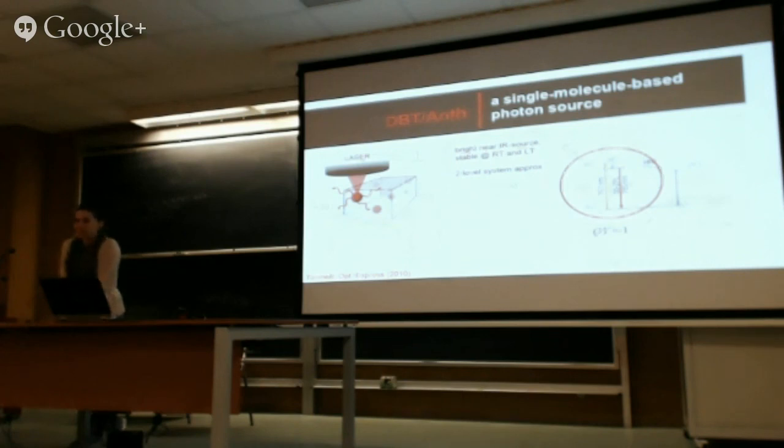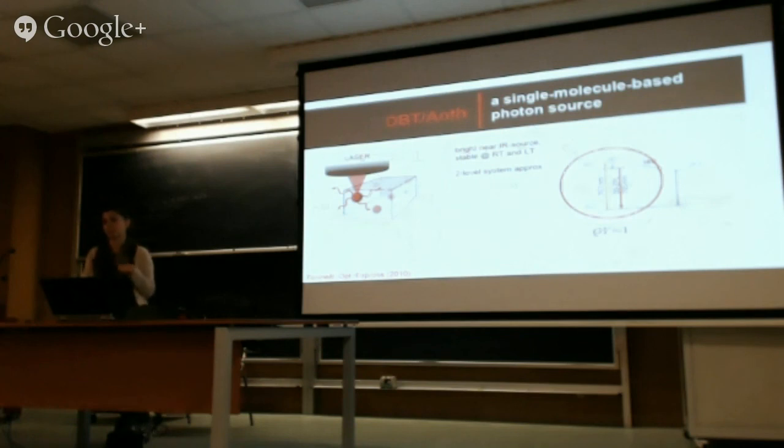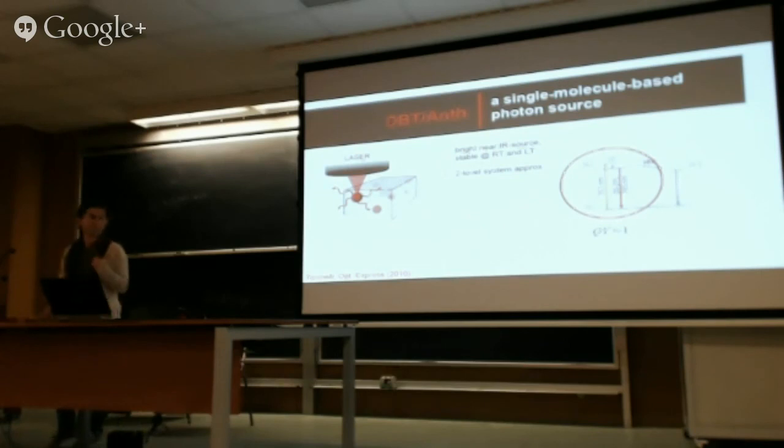Actually, we didn't. My supervisor worked with these molecules since the beginning, so they did all the characterization of the system. And so far, it's 10 to the minus 6, the probability to decay into the triplet state. And that's because anthracene is a really good host matrix for these molecules.